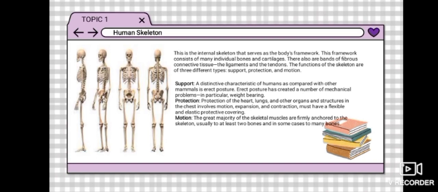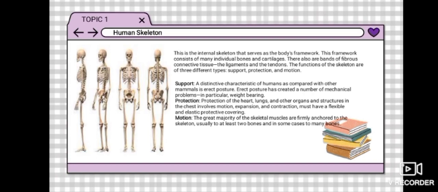Erect posture has created a number of mechanical problems, in particular weight bearing. These problems have had to be met by adaptations of the skeletal system. The body is to some extent like a walking tower that moves on pillars represented by the legs.